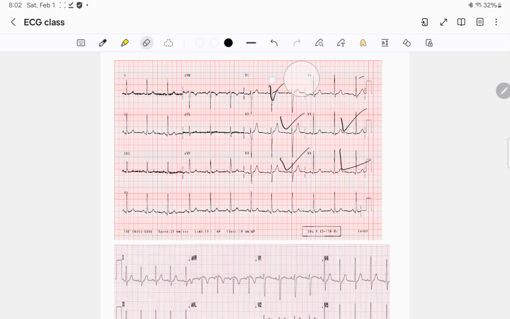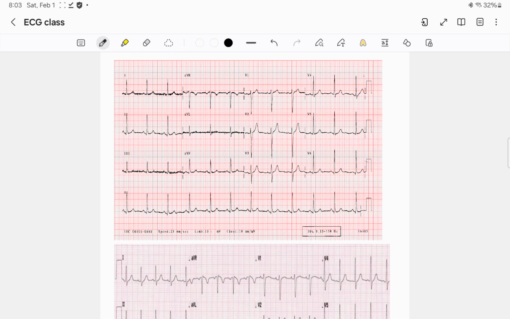Then for S, in terms of size, is there any evidence of hypertrophy, and is there any evidence of a wide QRS? We haven't spoken much about hypertrophy, so we'll skip that, and we have already spoken about the QRS complexes being narrow, so that checks out.